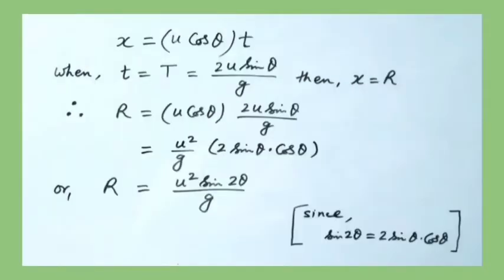Now the horizontal range R can be derived using equation 1. x = u cos θ · t.